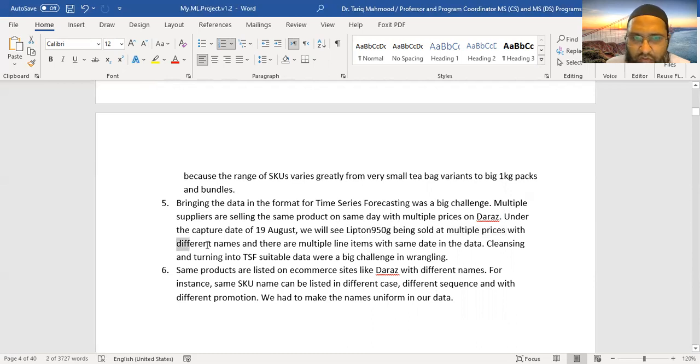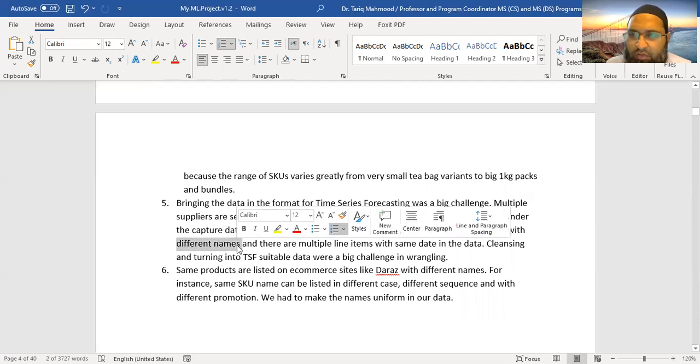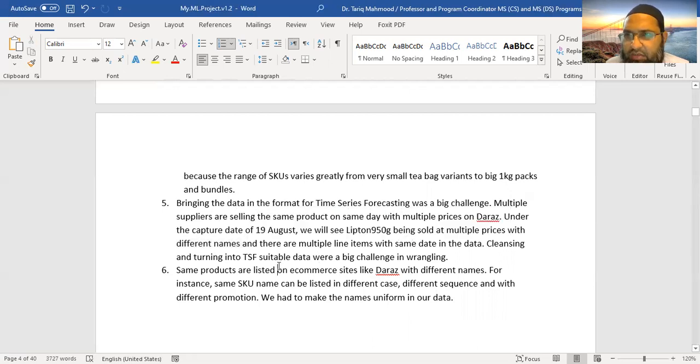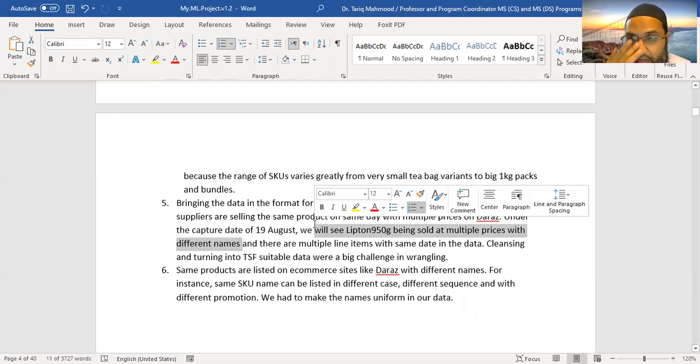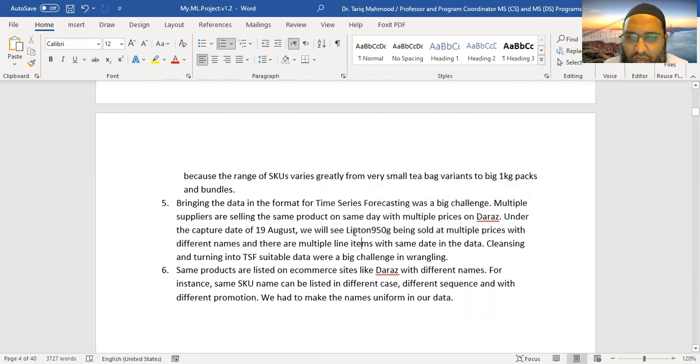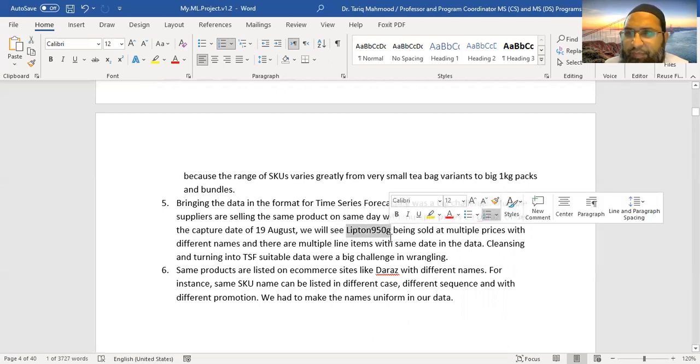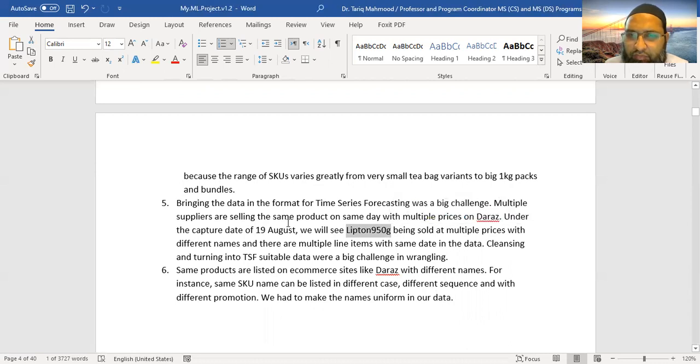This is the way the products are being sold on Daraz, and it's a very incredible type of problem, but that is what is happening. We need to make sure that we have just one product and one price per product on each day for a time series forecasting problem.